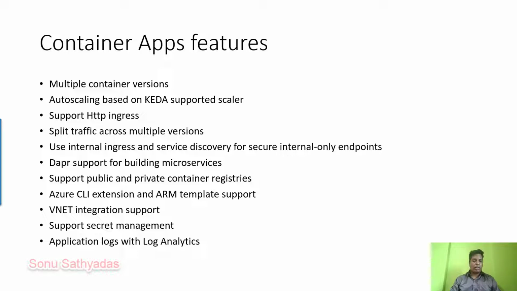And you can also see the ARM template support is available. VNet integration helps you to deploy your container apps in a private virtual network so that you can make sure that your application is accessible only from the virtual network. But if you want, you can make it accessible from outside by using an HTTP public ingress.